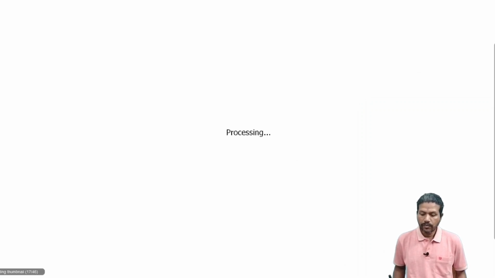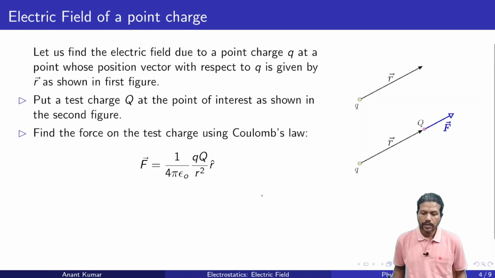So as per the definition, what I need to do is to put a test charge capital Q. I place a test charge capital Q at the relevant point where I am trying to measure the field. Then I need to find out the force on this test charge. That follows from Coulomb's law.